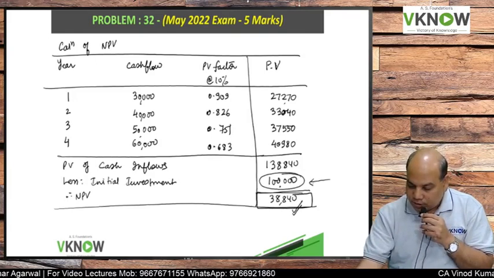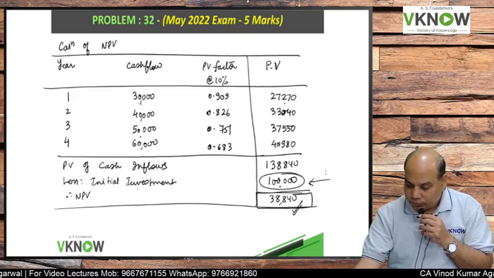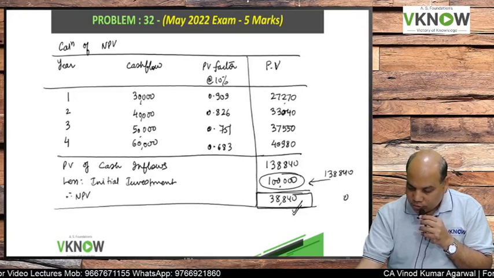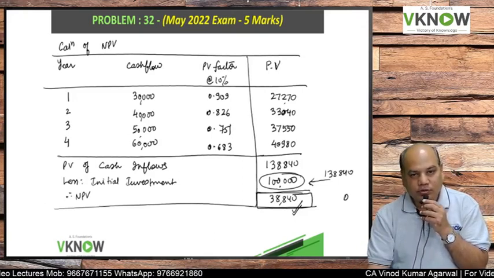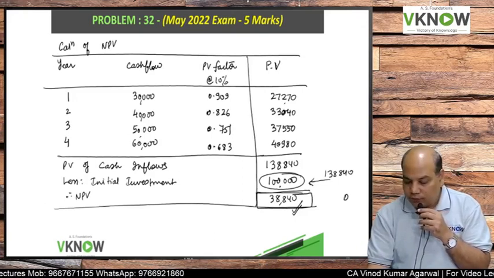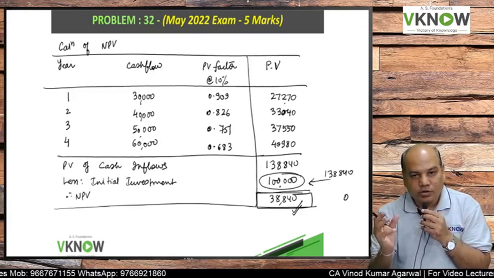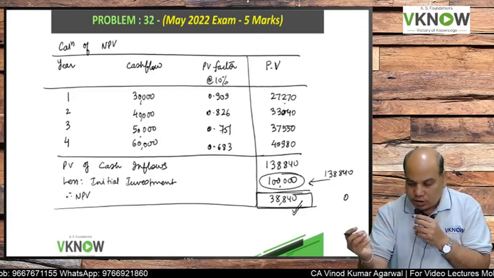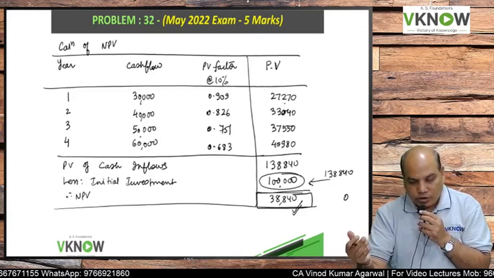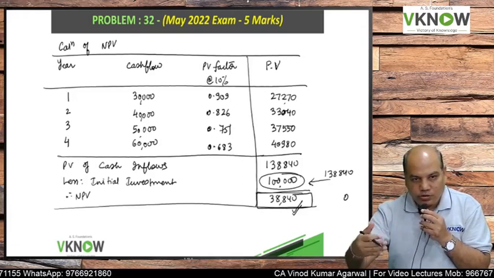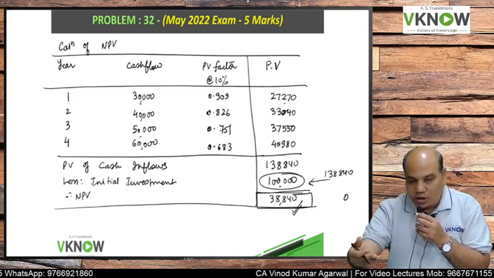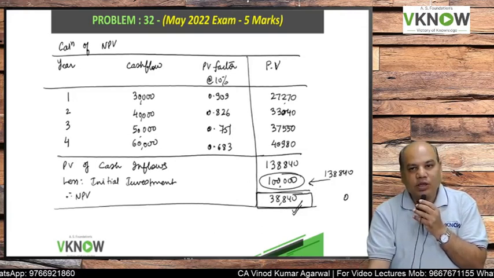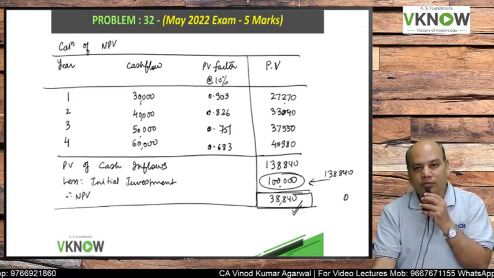If this number 1 lakh becomes 138,840, your NPV will become 0. So I have a margin of safety of 38,840. If the initial investment cost increases beyond 38,840, then the NPV will become negative.